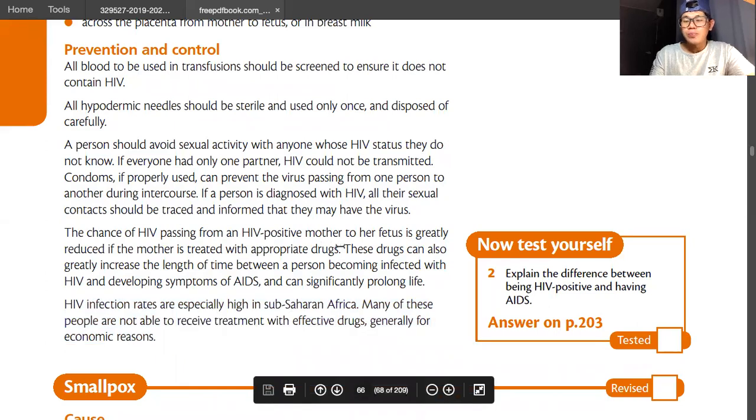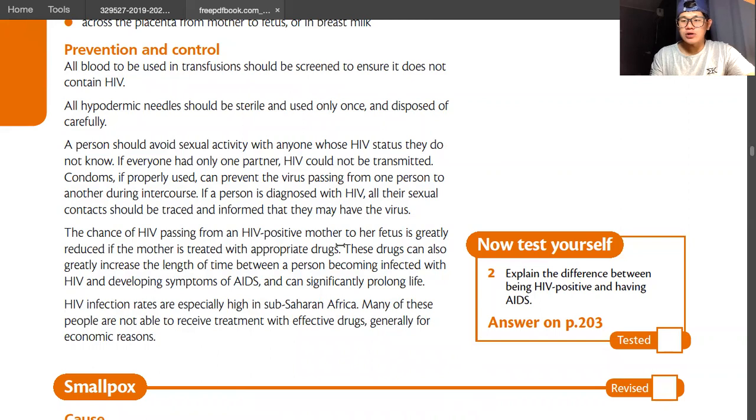So if you are screened and actually diagnosed with HIV/AIDS, you can take some drugs to help reduce, not really kill, but alleviate the development of the symptoms.